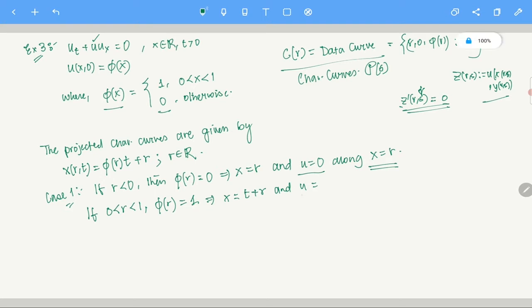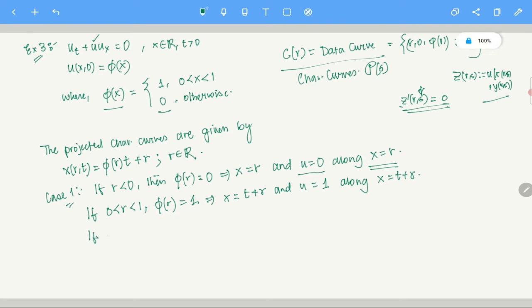Hence u is going to be 1 along these curves, along x equals t plus R. This is fine. u is constant. Remember, what it does at s equals 0 goes forward along the characteristics. At s equals 0, phi of R is 1, so z is 1, so u is 1. Clear?